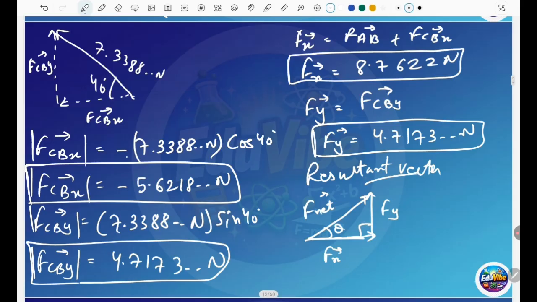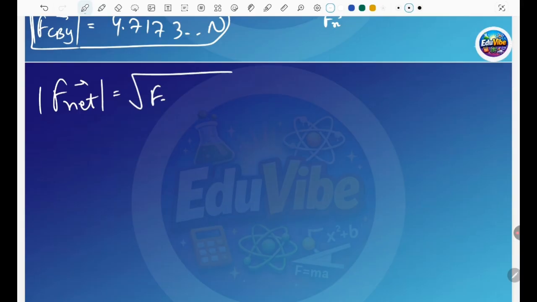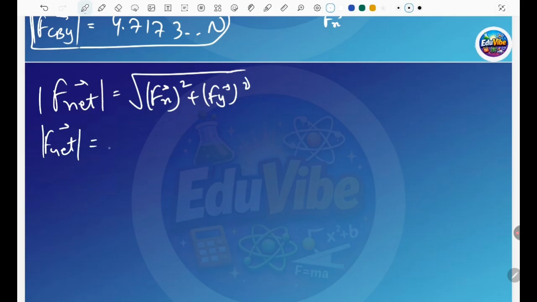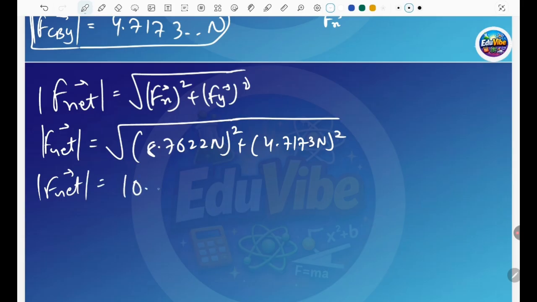For the net one, we all know what we have to do: Fx squared plus Fy squared, square rooted. So Fnet, where Fx is about 8.7622 newtons squared plus 4.7173 newtons squared. We have to take the square root of this, and when we calculate, we get about 10.0 newtons, or you can say 10 newtons.